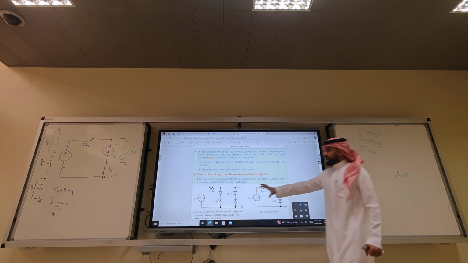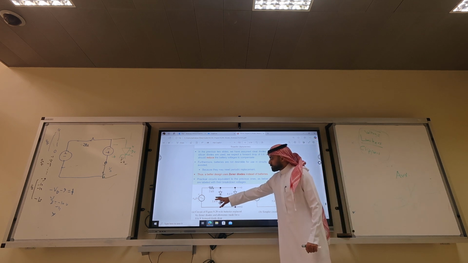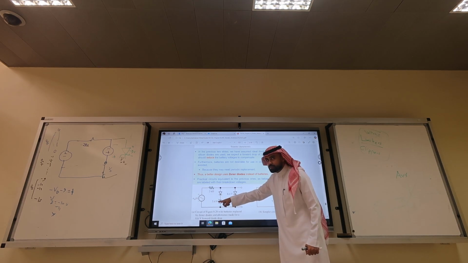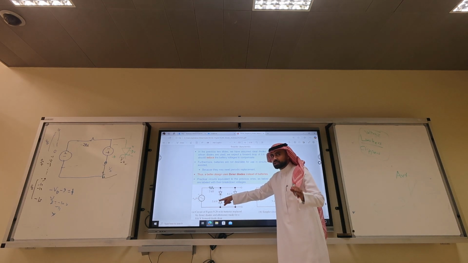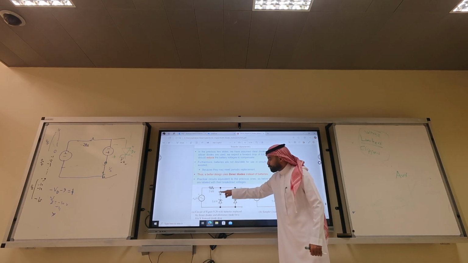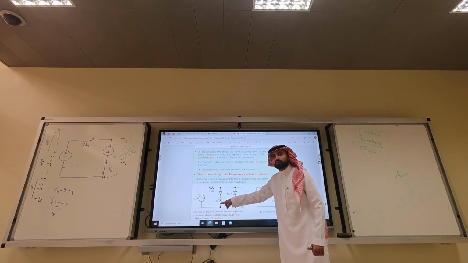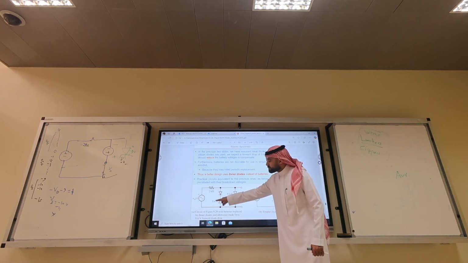So you understand, if the voltage is above 6 volts, this will be short circuit, this will be reverse breakdown. If the voltage is above 6 volts, this will be forward bias, short circuit. This will be reverse breakdown, voltage of plus minus 5.4.